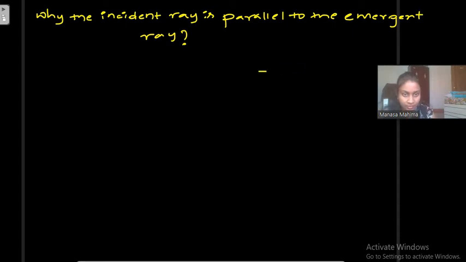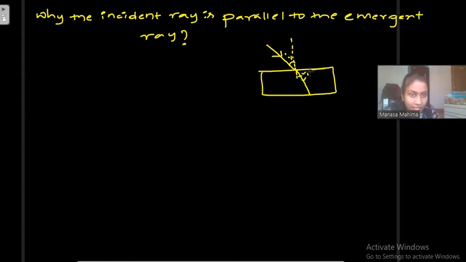See, if we consider this is the rectangular slab, and this is the incident ray, and to this we have to draw the normal, and after refraction it will bend towards the normal, correct? And this is the angle of incidence and this is the angle of refraction, which I will mark as I1 and R1, okay.